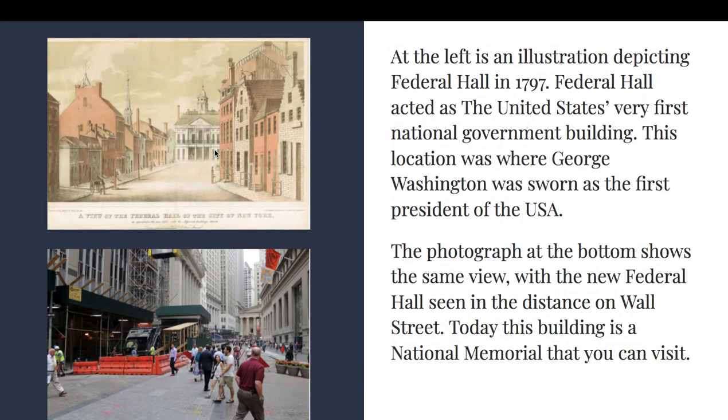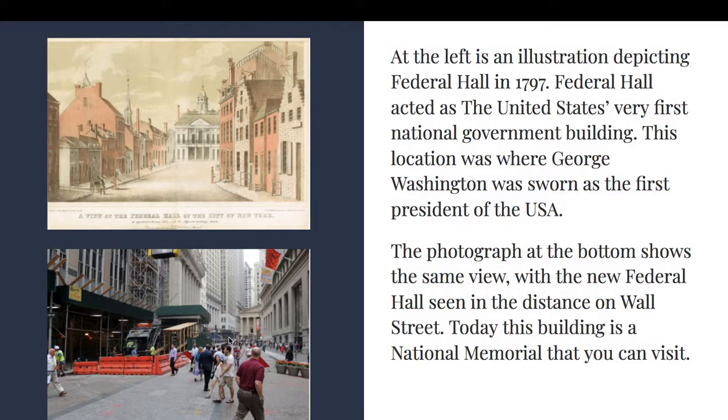Now, going back, here at the left is an illustration depicting the Federal Hall in 1797. Federal Hall acted as the United States' very first national government building. This is the location right here where George Washington was sworn in as the first president of the USA.